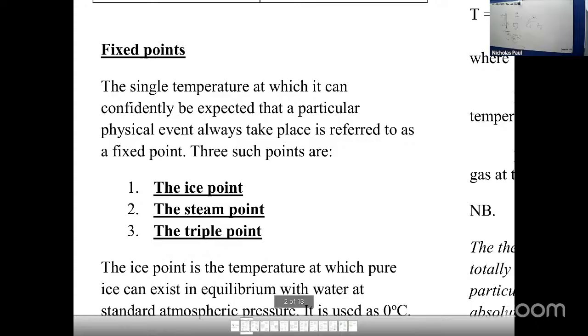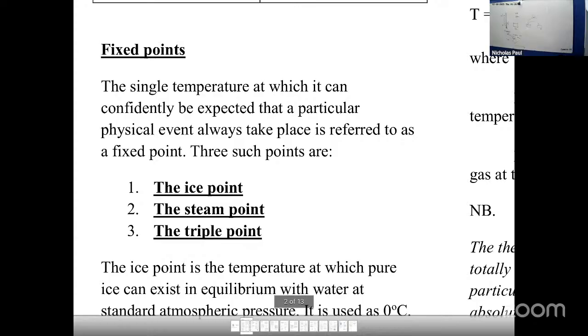We expect to see steam at the steam point. What's the triple point? It's an extremely unique temperature at which all 3 phases exist: solid, liquid, and steam. Anybody guess where you might observe this?